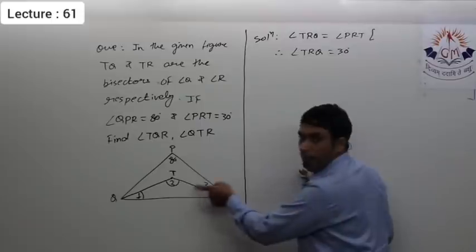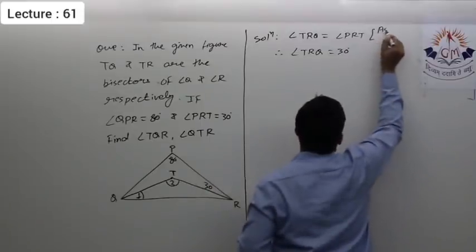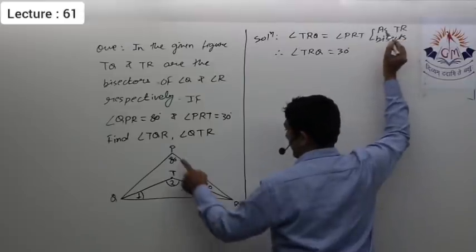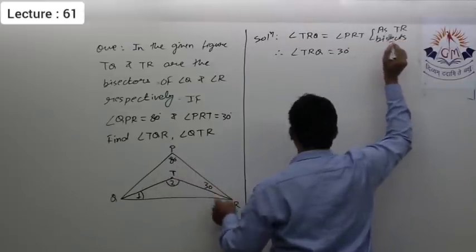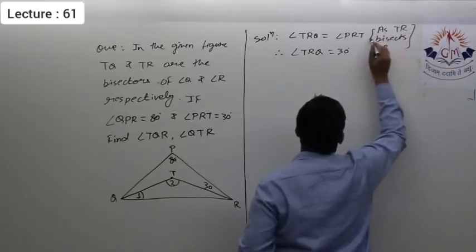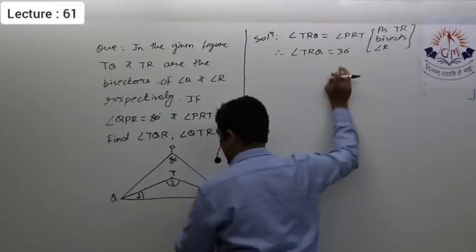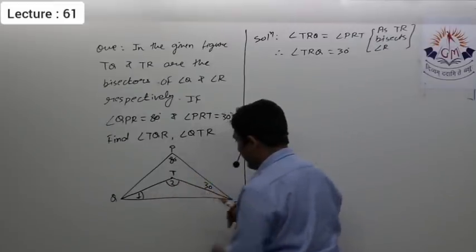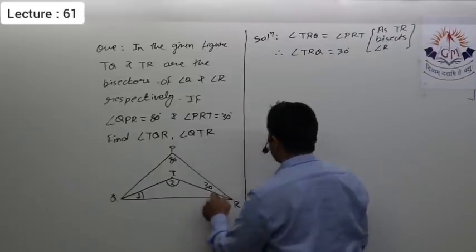Because TR is the bisector. Here you can write TR bisects angle R. This is the reason. And PRT equal to 30 degree is given to you. So now we have the measure of this angle, 30 degree.